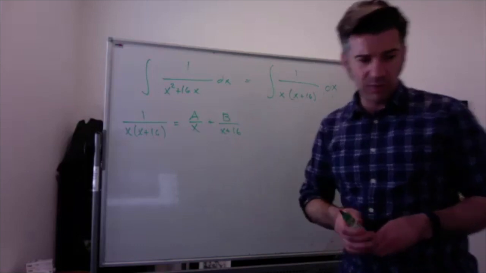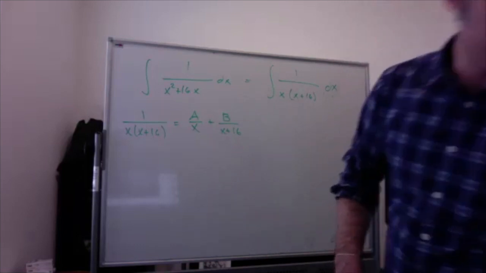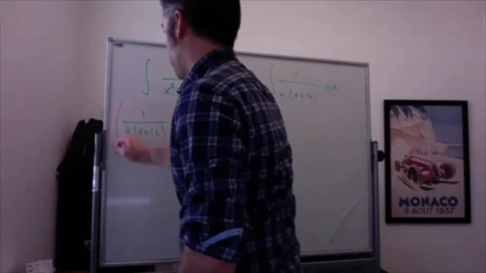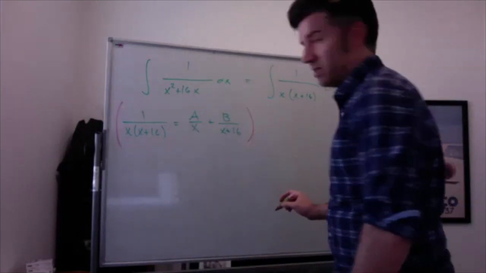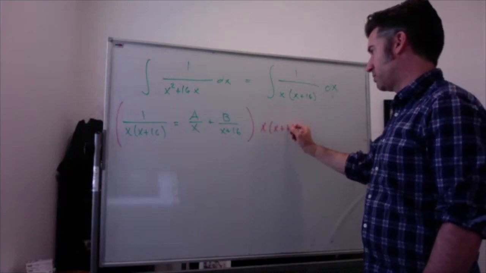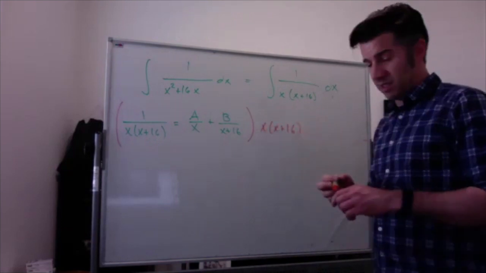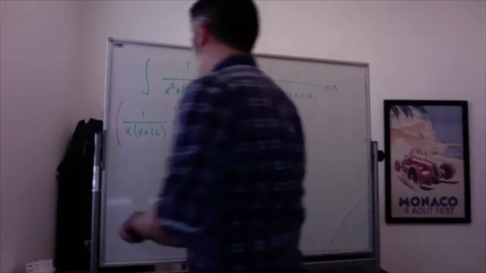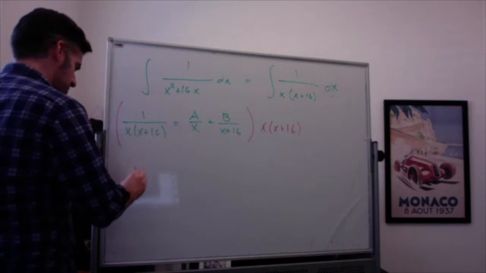The easier algebra, of course, is just multiply both sides by the denominator. So typically, after we do this, we take the step of multiplying everything by the common denominator x plus 16 times x. On the left-hand side, we always just get the numerator.